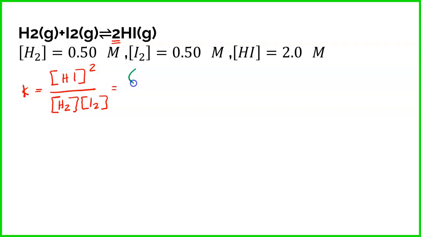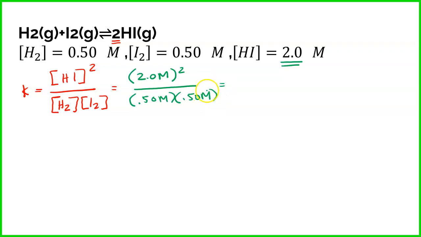The concentration of HI is 2.0, and I'm going to square that. And then my concentration of H2 is 0.5 molar, and the concentration of I2 is also 0.5 molar.